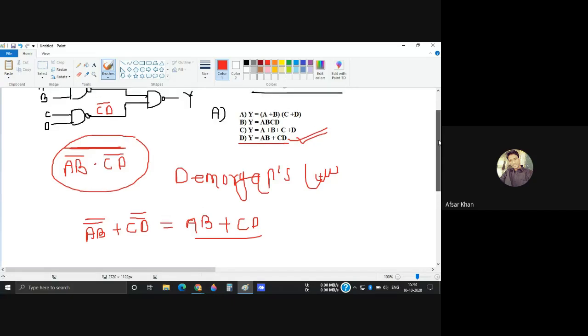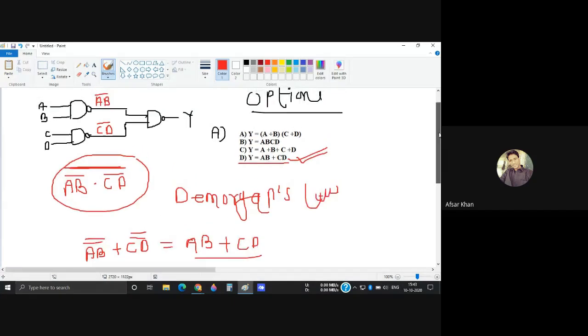Take a screenshot or write it in your notebook. Is it okay, students? See, such simple questions can be asked in GATE.